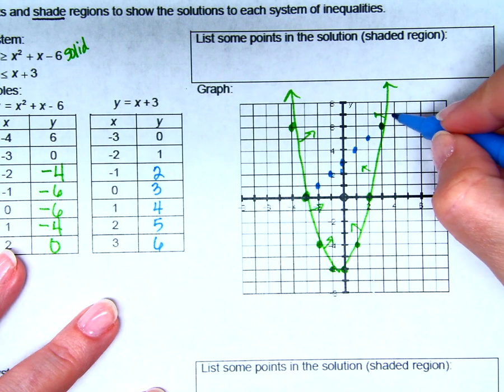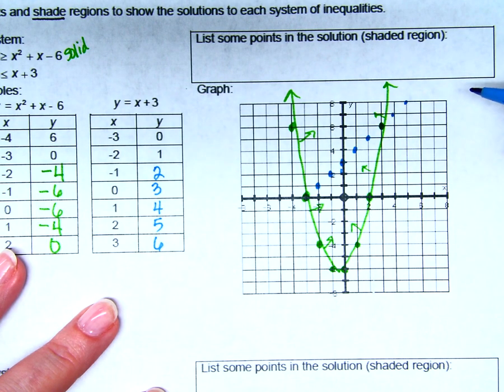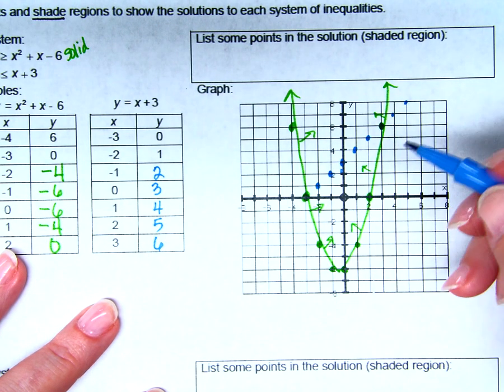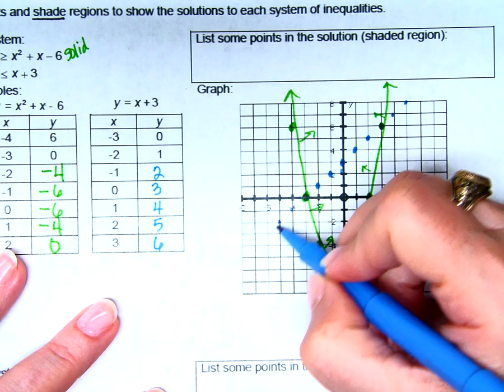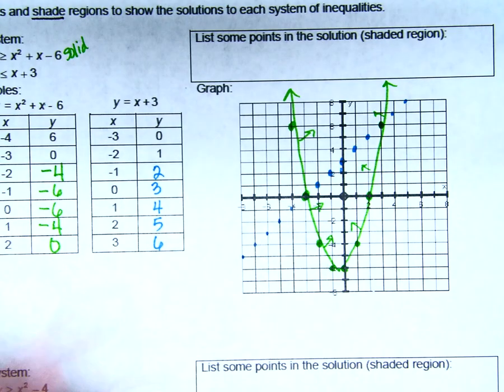So like right here and right here. And then right here and here and here and here and here. Now, are those required for our line? No, but it sure makes it a lot easier to see the whole line, doesn't it?